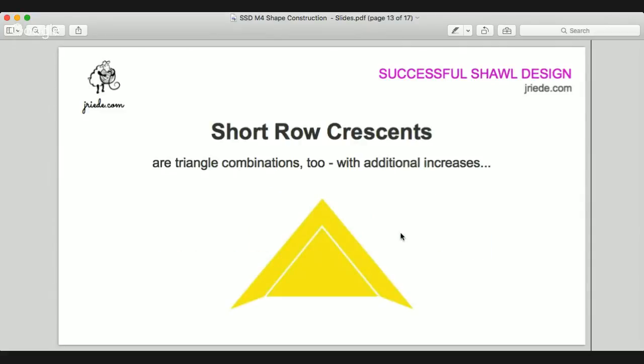So short row crescents are triangle combinations too. It's basically 1 triangle shaped by short rows and with a similar increase rate on both sides of the triangle.